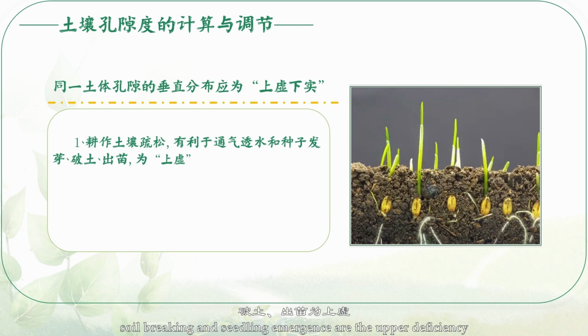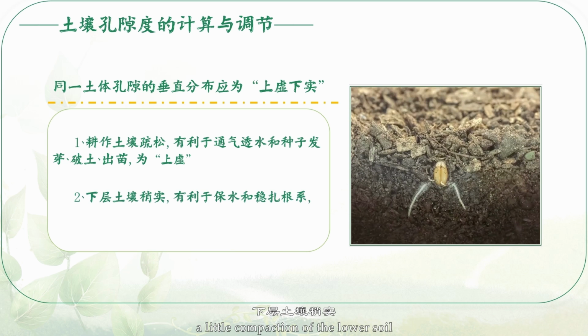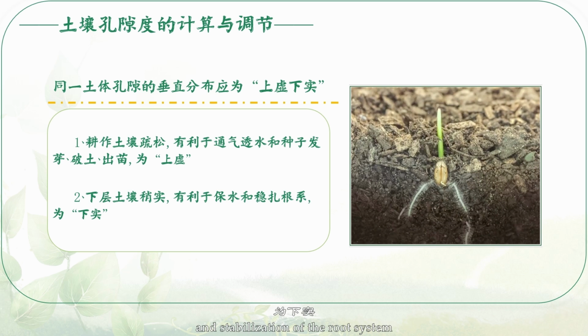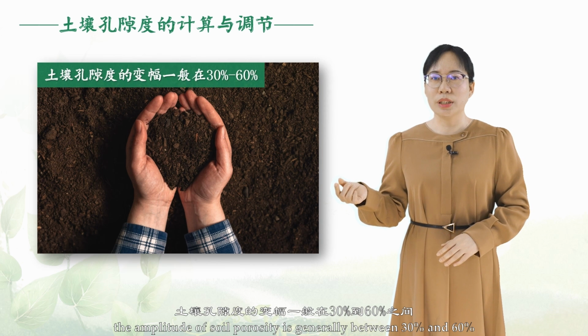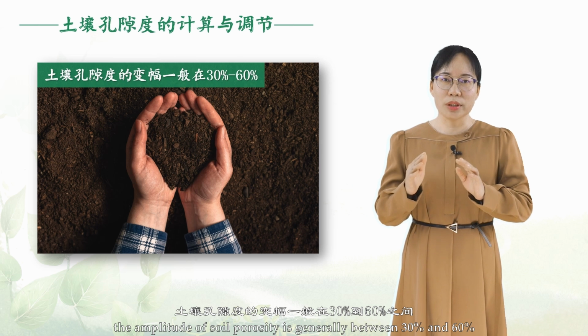Soil breaking and seedling emergence are easier in the upper layer. A little compaction of the lower soil is beneficial to water retention and stabilization of the root system. The range of soil porosity is generally between 30% and 60%.